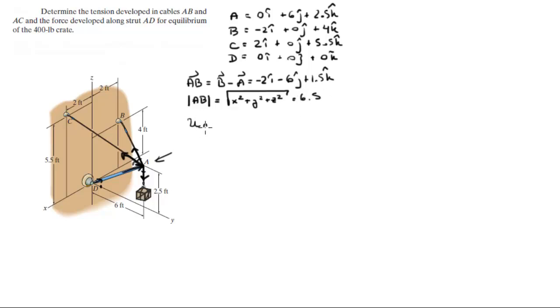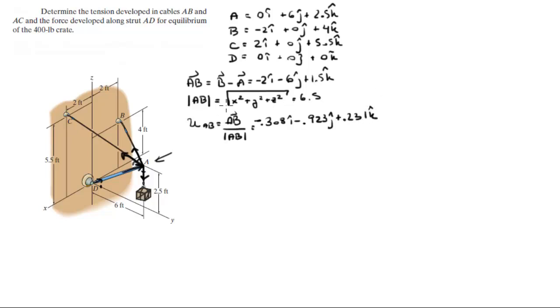Now the unit vector along AB is equal to this vector AB divided by its magnitude. So you basically are going to divide this whole vector by the magnitude, and you're going to get the unit vector AB, which comes out to be negative 0.308 in the I, it's a negative there, minus 0.923 in the J, plus 0.231 in the K.